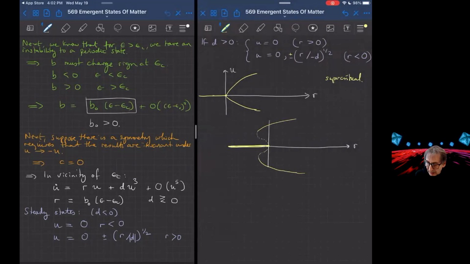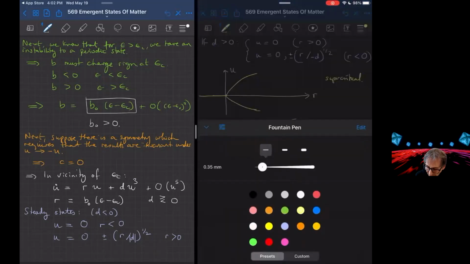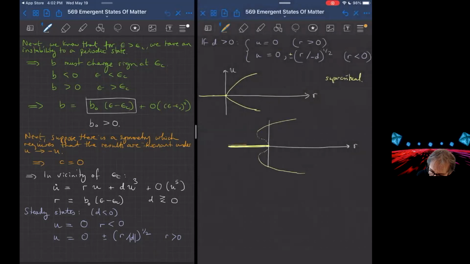But the actual behavior that you observe is you would come along like here, and then you would jump up to here, and then you would follow this trajectory like so. And so in this particular case, you would have a subcritical bifurcation. And in fact, you would have hysteresis depending upon whether you were going up in R or down in R.